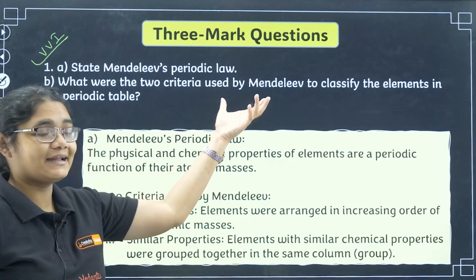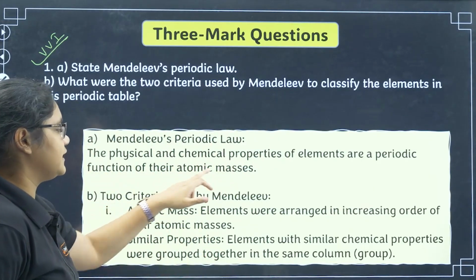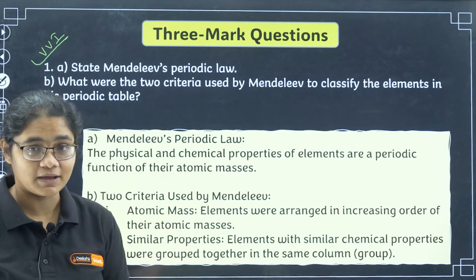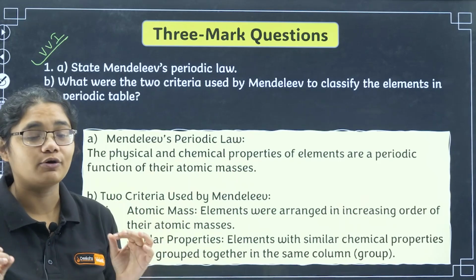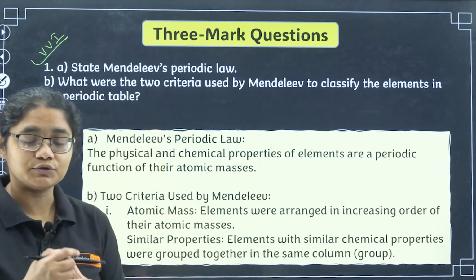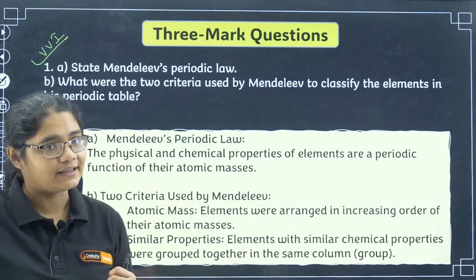Now what was the criteria that he used to classify the elements? Definitely, as he was arranging on the basis of atomic masses, the first criteria will be atomic masses. So elements were arranged in the increasing order of their atomic masses, meaning the elements with lower masses came first, followed by the elements with higher masses.